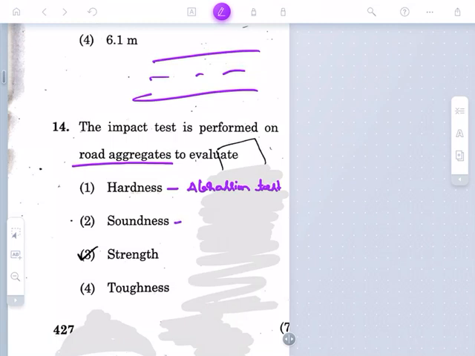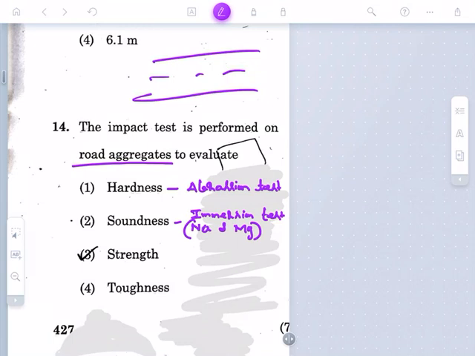Then what about soundness? Soundness can be found out by the immersion test. In the immersion test, the aggregates are dipped in sodium and magnesium compound. After doing some procedure, we come to know the soundness of the aggregates. Then what about strength?